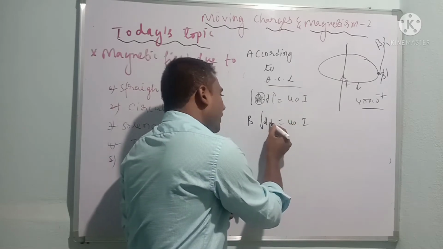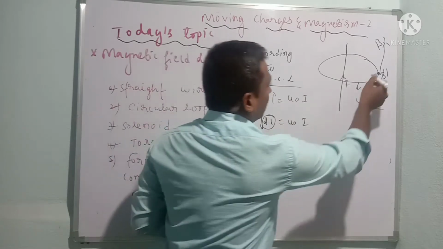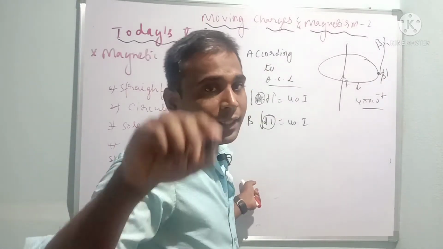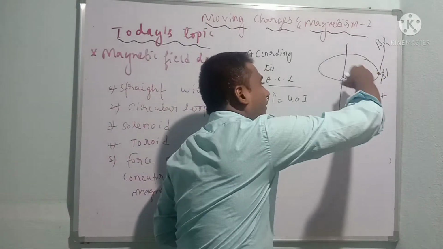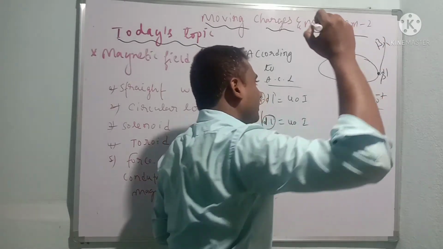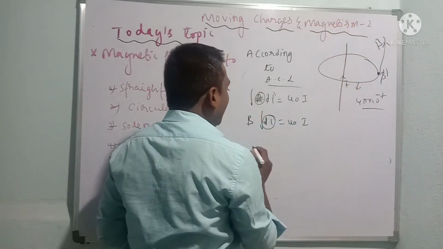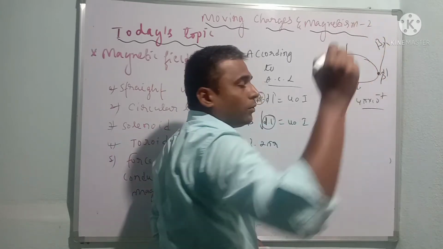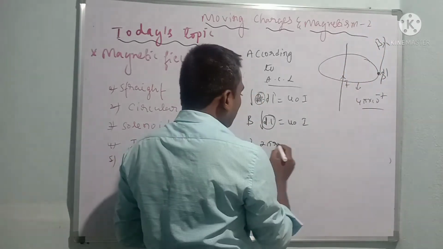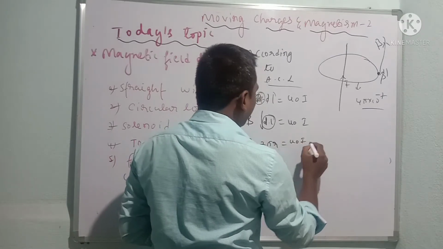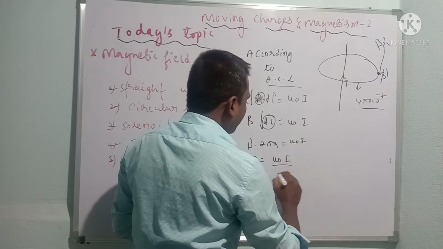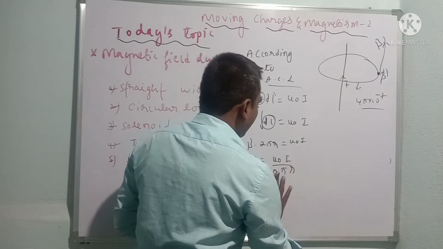Here dl is nothing but the length element, and since we have considered a circular path, it is the circumference. So we take dl as 2 pi r, the length of the circle around the wire. Then B times 2 pi r is equal to mu naught times I, and B is equal to mu naught I divided by 2 pi r.